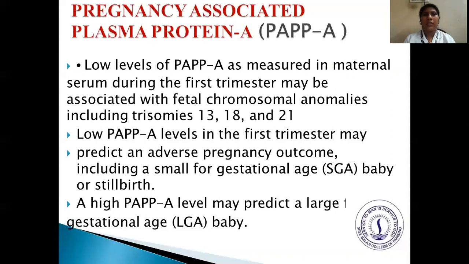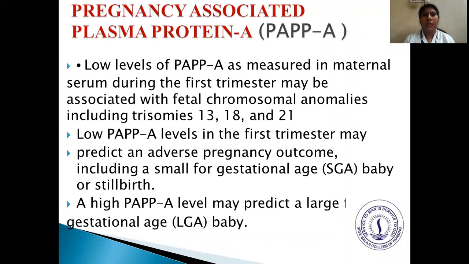Then pregnancy associated plasma protein A, PAPP-A. A low level of PAPP-A as measured in maternal serum during the first trimester may be associated with fetal chromosomal anomalies including trisomies 13, 18 and 21.